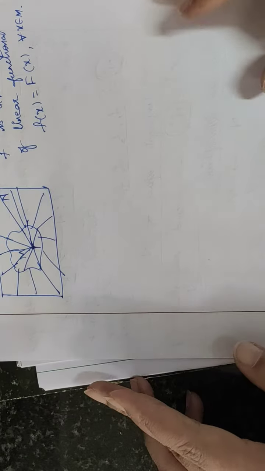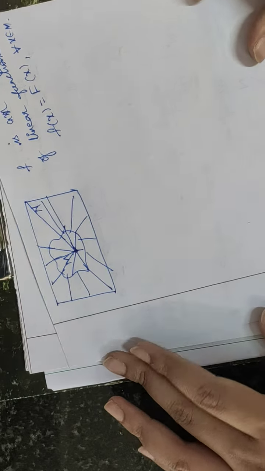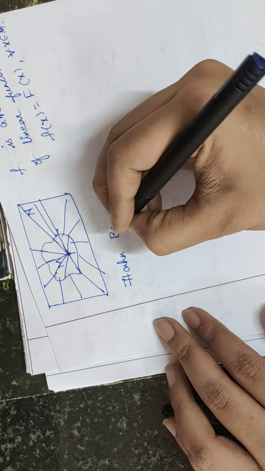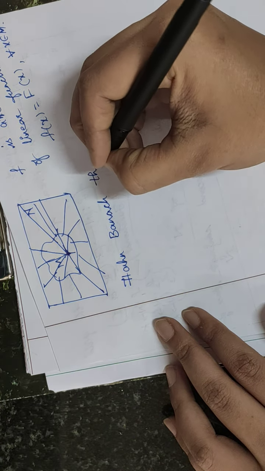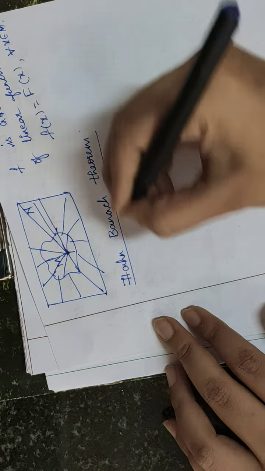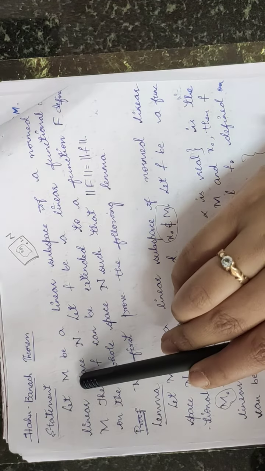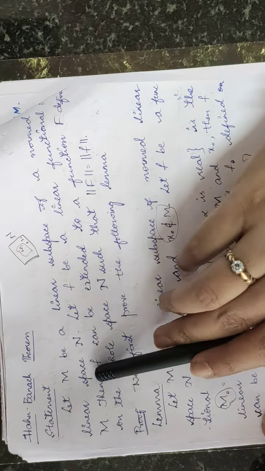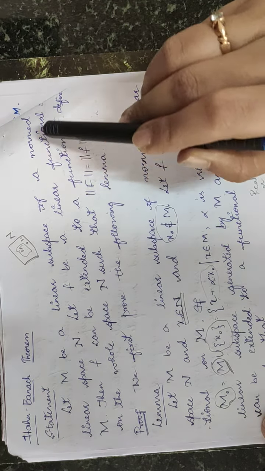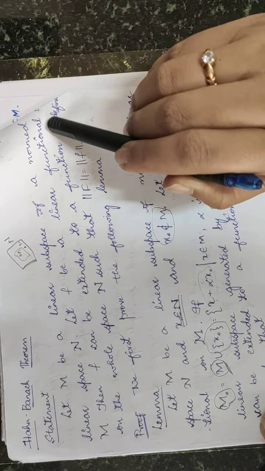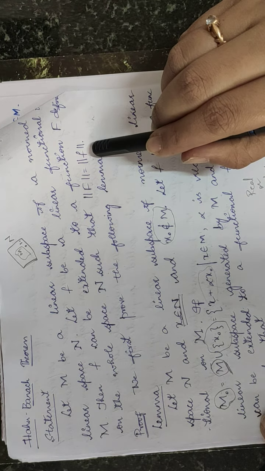So now, using these three definitions, let's prove one of the major important theorems in functional analysis, that is the Hahn-Banach theorem. The statement of the theorem says: let M be a linear subspace of a normed linear space N, and let f be a linear functional on M, then f can be extended to a functional F defined on the whole space N such that norm F is equal to norm f.